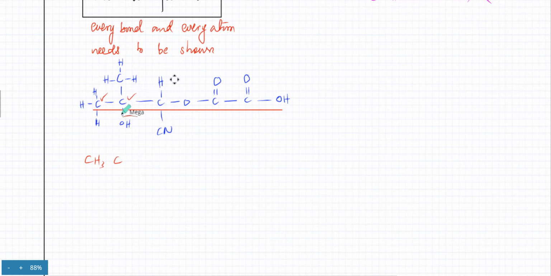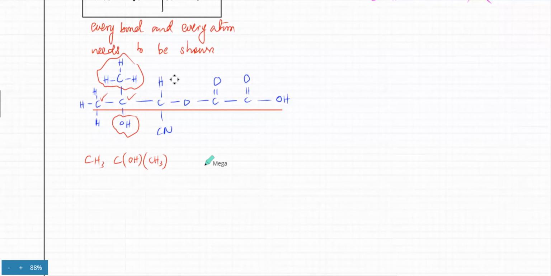There's an OH branch attached to it that's coming from the side, and there's another branch, a carbon branch that's on top of it. So write the branches in brackets. So there's an OH branch and there's a CH3 branch. And after that, move to the third carbon atom in the line. That's this one. This is C and then H.